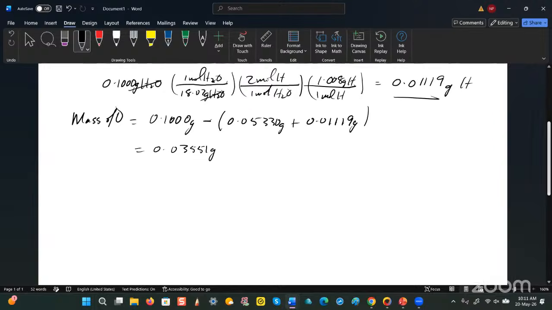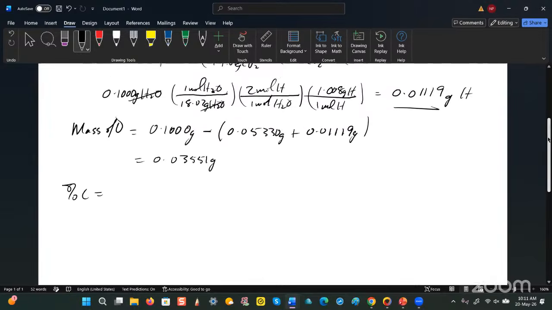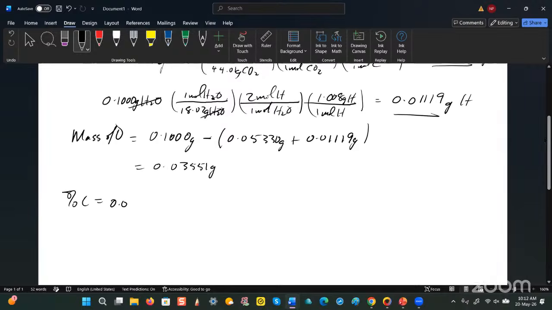So to get the mass percent composition of each element, let's start off with the carbon. Percentage of carbon will be equal to, what's the mass of carbon? 0.05. You did 12.01 for carbon? No, that's the molar mass. We're not talking about that. We're talking about the actual mass, which is 0.05330 that we calculated. 0.05330 grams divided by the total, which is 0.1000 grams times 100%.